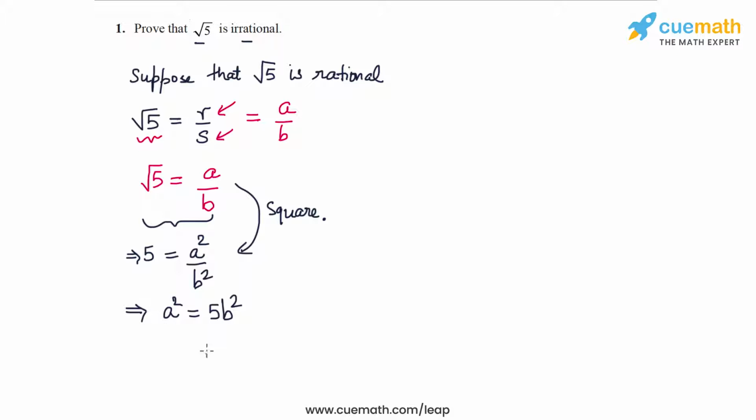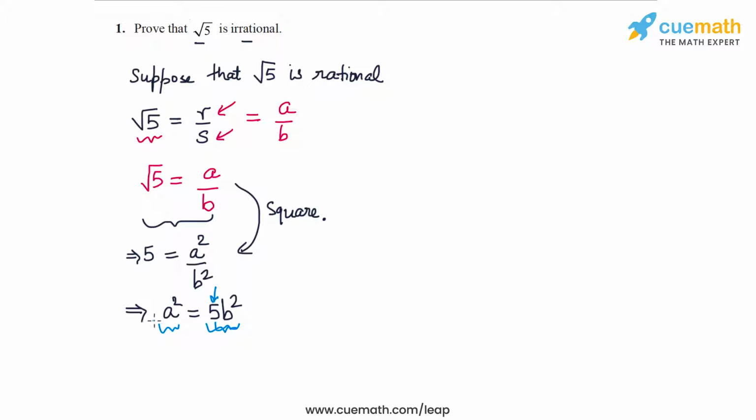Now in this relation a square equal to 5b square, the right hand side is a multiple of 5 because we have this factor of 5 here, and this means that a square is also a multiple of 5, and because a square is a multiple of 5, a itself must be a multiple of 5 as well.